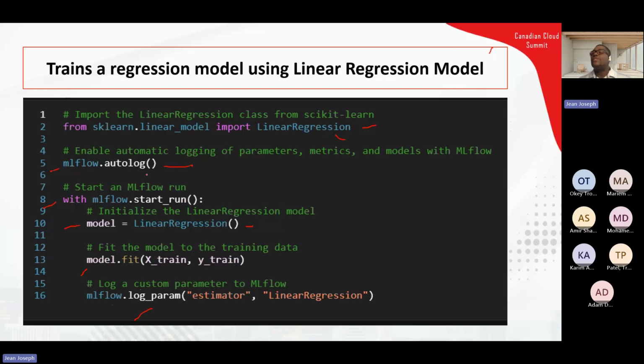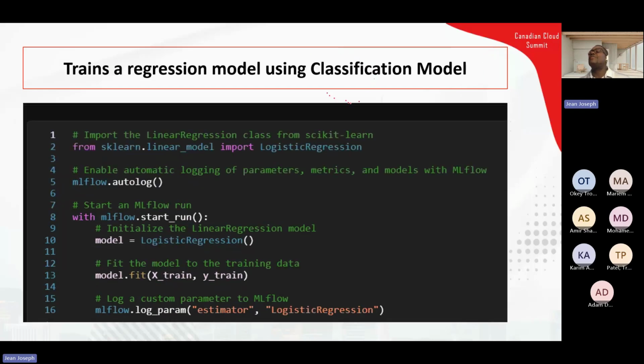Now consider if we have to do classification. In classification, instead of importing a linear model, all we have to do is import logistic regression. Anytime you hear logistic regression, think of classification. Therefore, you will be dealing with a categorical data set.